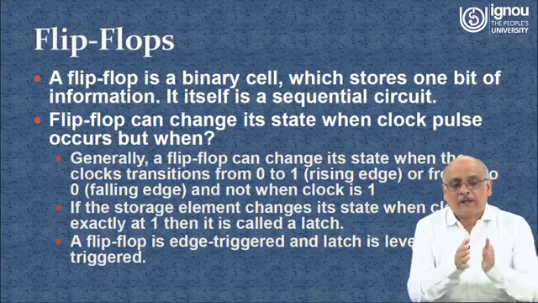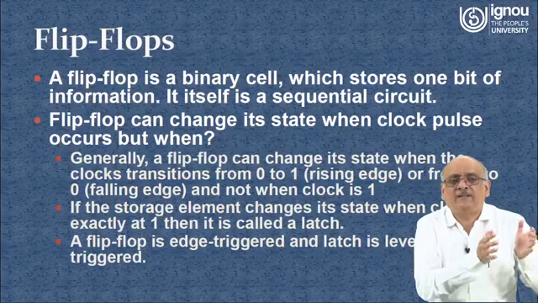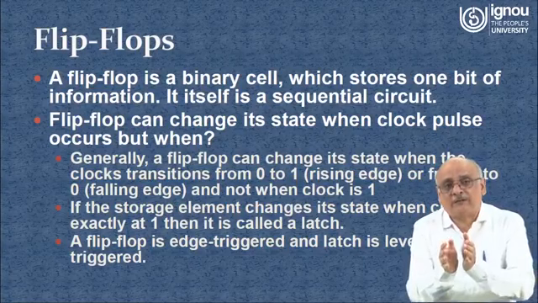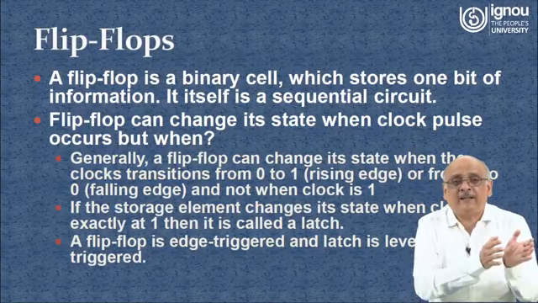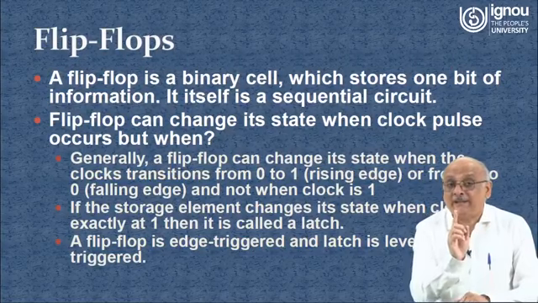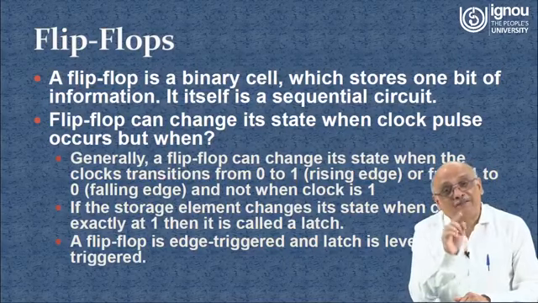So flip-flop, what happens? First of all, we discussed what sequential circuits are. Sequential circuits are basically circuits where you will also have storage elements, and the remaining part is the combinational circuit, which is basically gates. So combinational circuits have gates. Sequential circuits have flip-flops and gates.